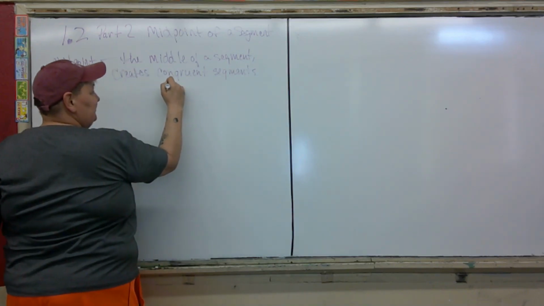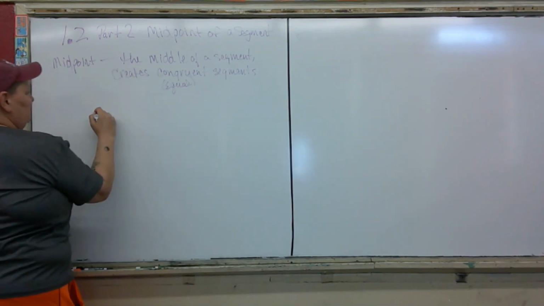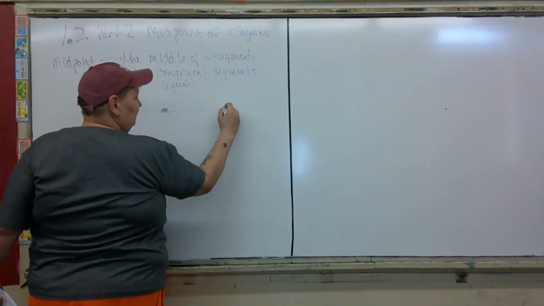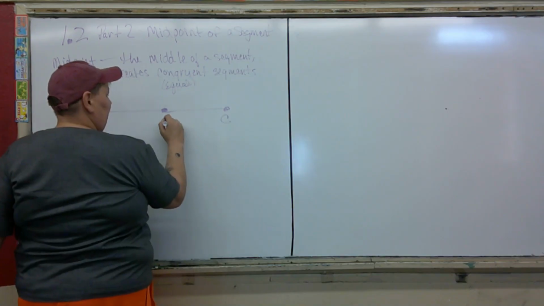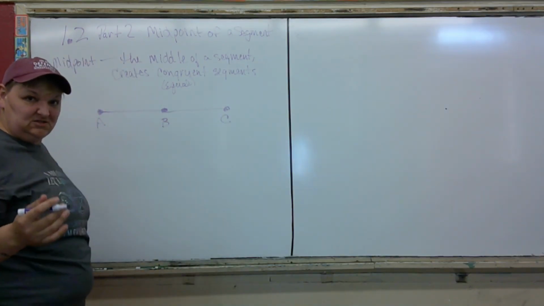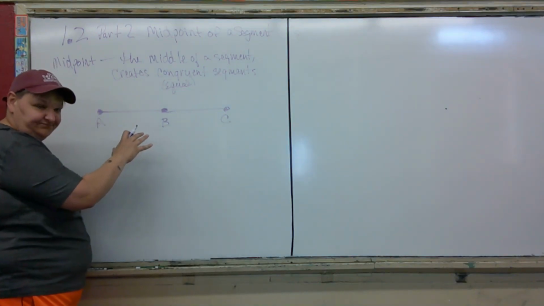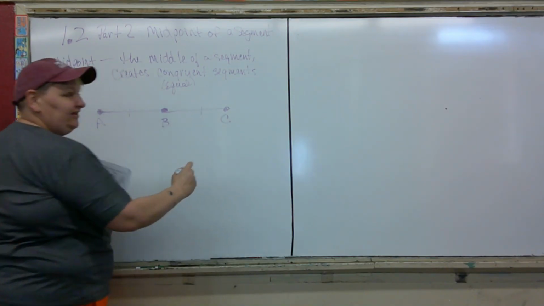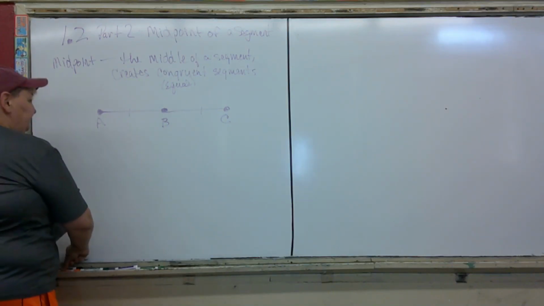Congruent is equal. So if you have AC and they tell you that B is the midpoint, even if it doesn't look perfect, then the left side and the right side are equal, congruent, right?